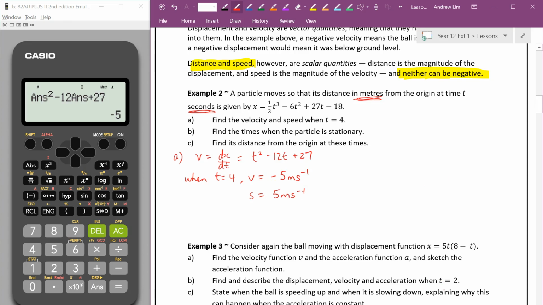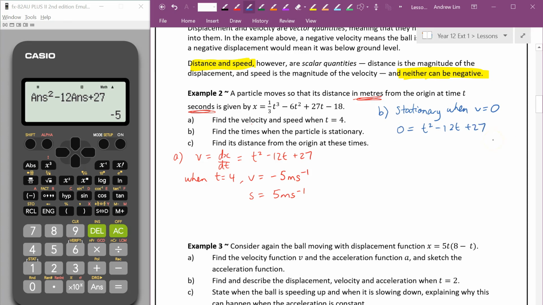Alright, so we've done A, velocity and speed. Question B. Find the times when the particle is stationary. Think about it as the stationary point. The first derivative is equal to 0. Here, the first derivative is velocity. Stationary means not moving. Not moving means velocity is 0. So when v is equal to 0, I'm just going to sub that in. t squared minus 12t plus 27.